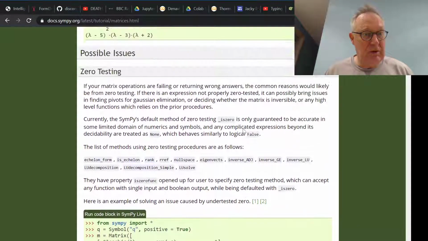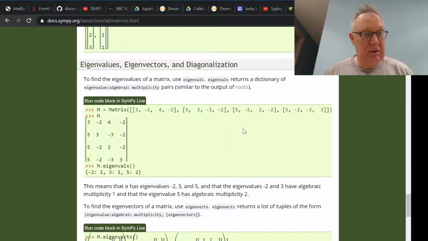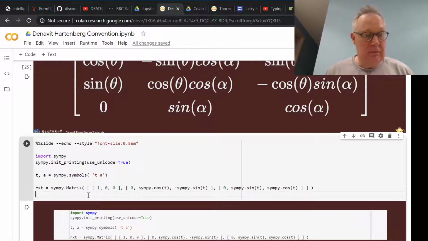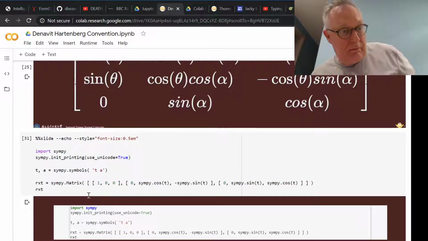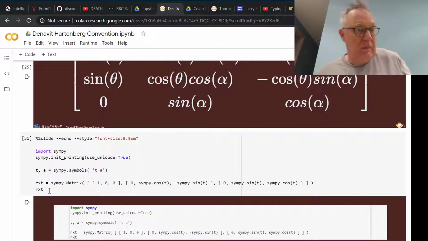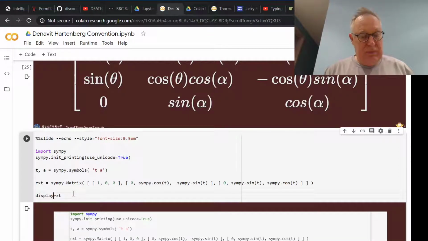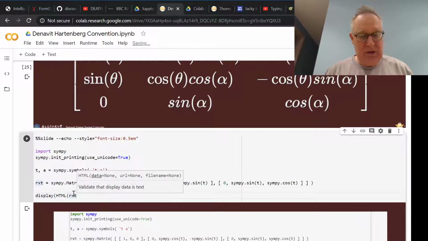So where do I print the matrix? Display HTML RXT.